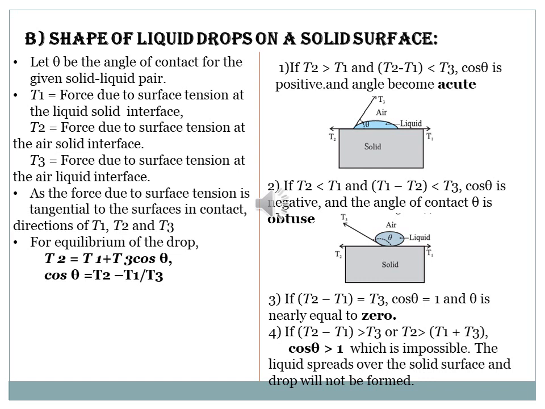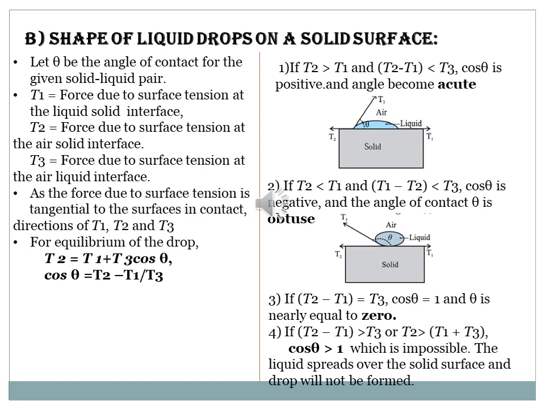So the first case is if T2 is greater than T1. What happens over here? T2 minus T1 will be less than T3. So cos theta will be positive and the angle becomes acute. You can see this in the first diagram.